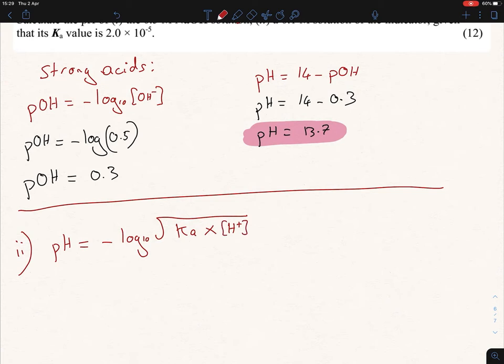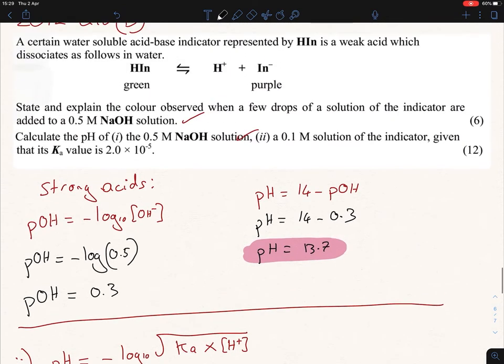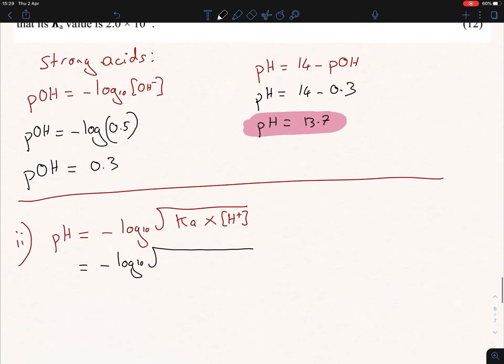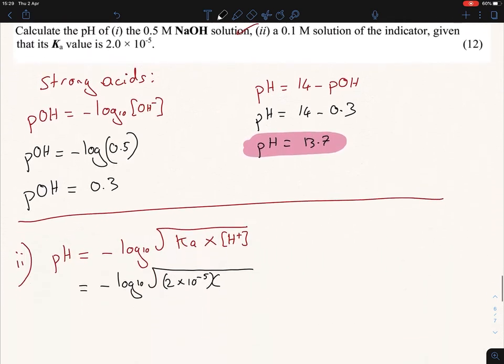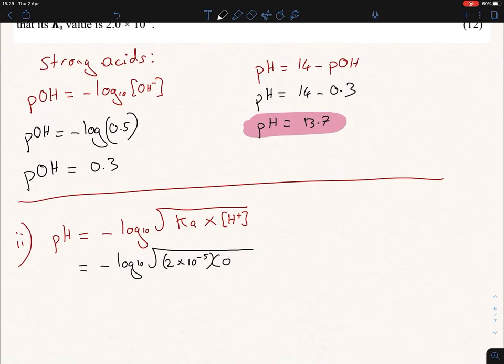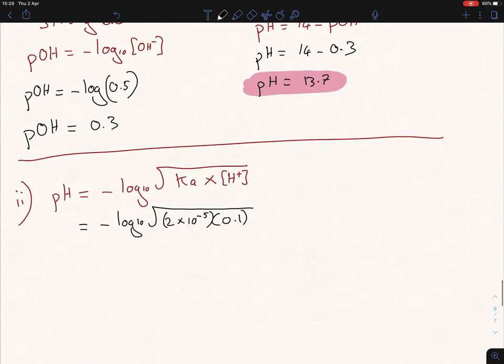So all we're going to do now is plug in the data that we have from up above. So minus log to base 10, and Ka is 2 times 10 to the power of minus 5. I always put this into brackets because I'll put them into brackets in the calculator as well. And our molarity is 0.1. As I've stated before in past videos, do not plug that all into a calculator in one go.